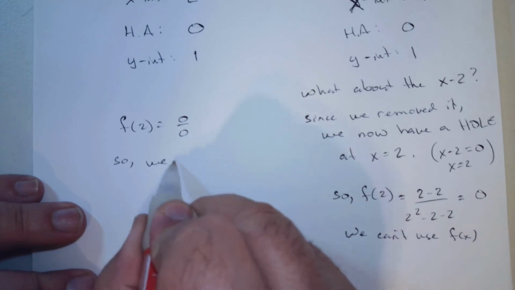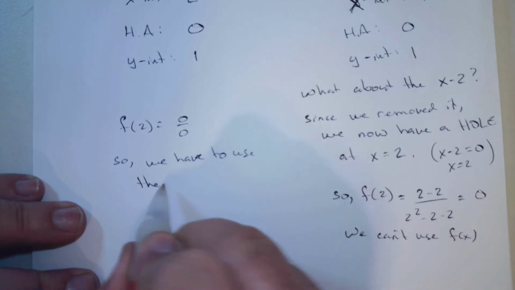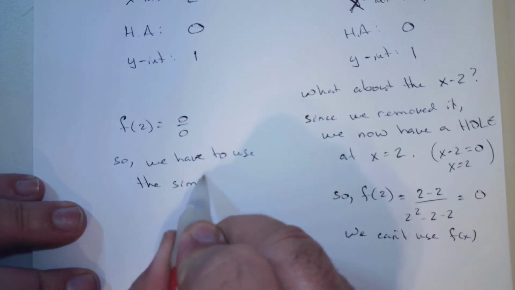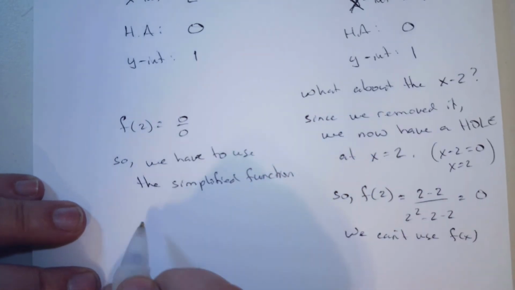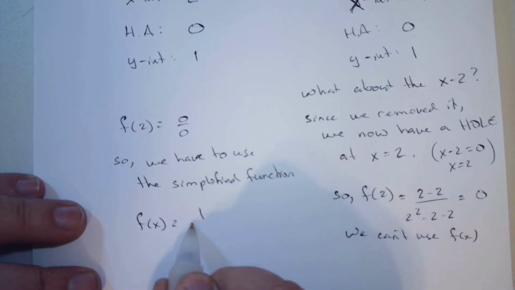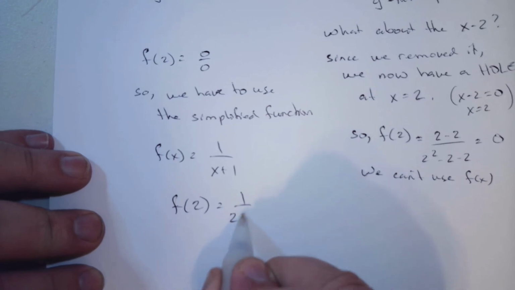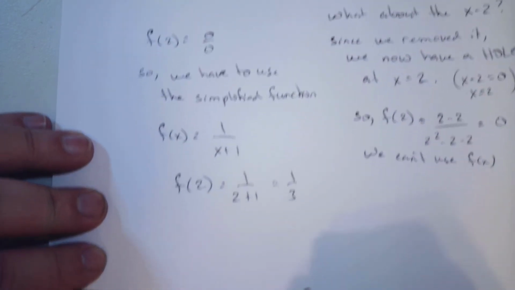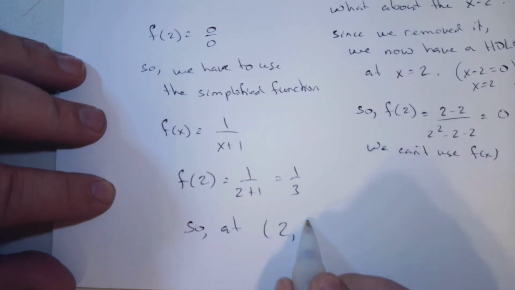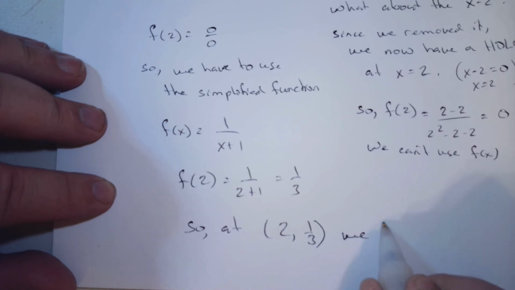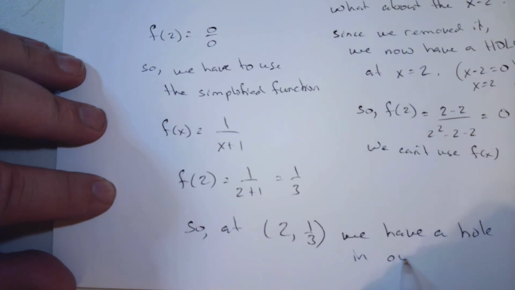So we have to use the simplified function, 1 over x plus 1. So at x equals 2, at 2 and 1/3, we have a hole in our graph.